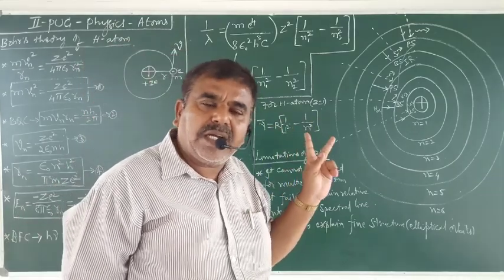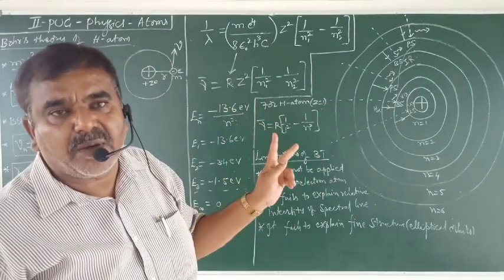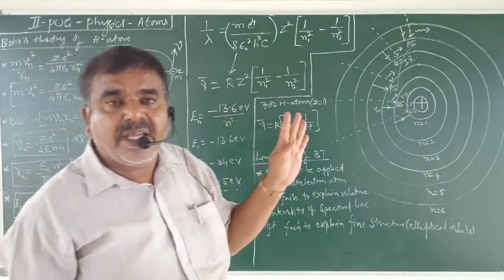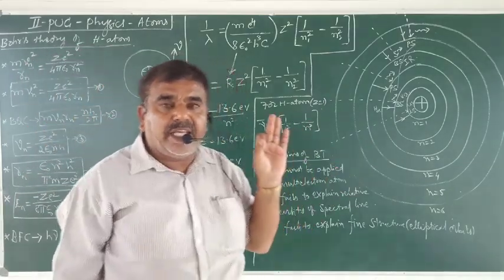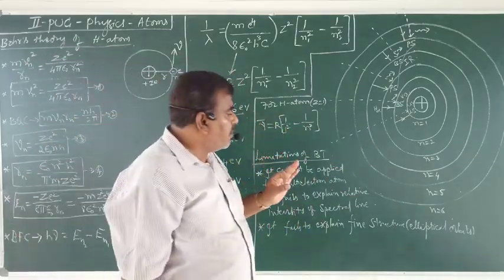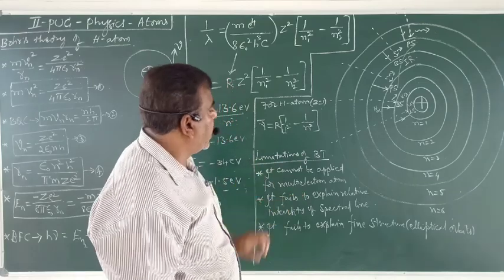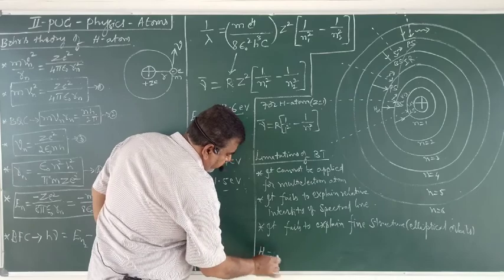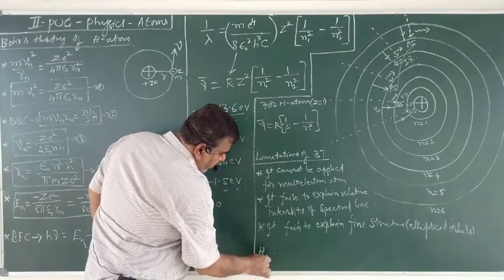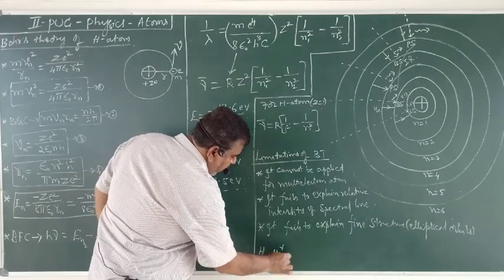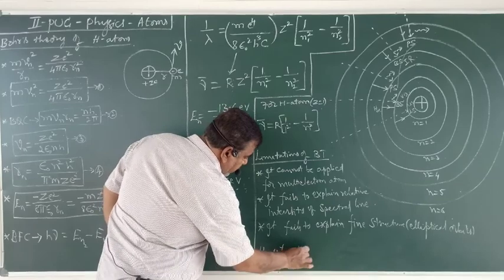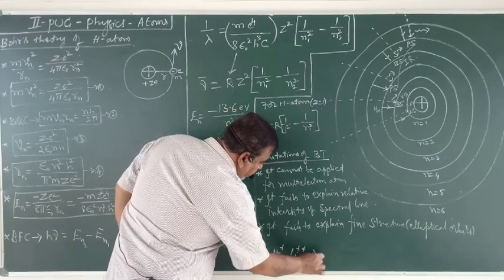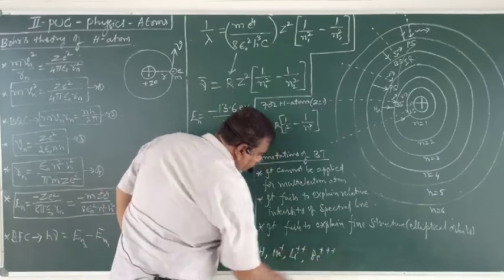If there are two electrons, it cannot be applied. If there are three electrons, it cannot be applied. Hydrogen-like atoms are the H atom, then He plus, Li plus plus, Be plus plus plus.